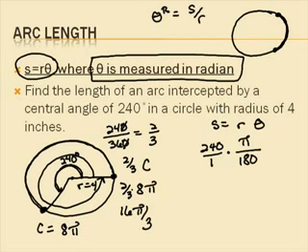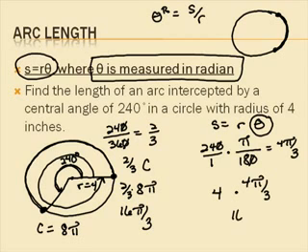So we multiply, we do our dimensional analysis then, and we see that we can reduce by 6, so we get 4 pi thirds. So that represents our angle in radians. So now we just have to take that times the radius, and our radius is 4. And when I multiply, I get 16 pi thirds.